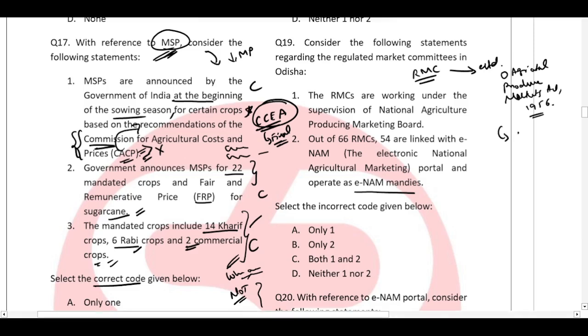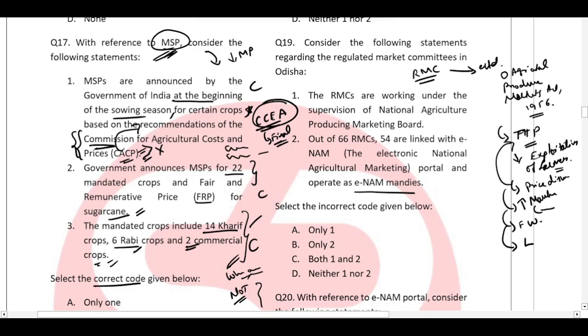To ensure fair trade practices and to reduce the exploitation of farmers, and they help the farmers in price discovery, that is to get a fair price. They try to increase the market infrastructure in the agriculture markets. They work for the farmers' welfare.